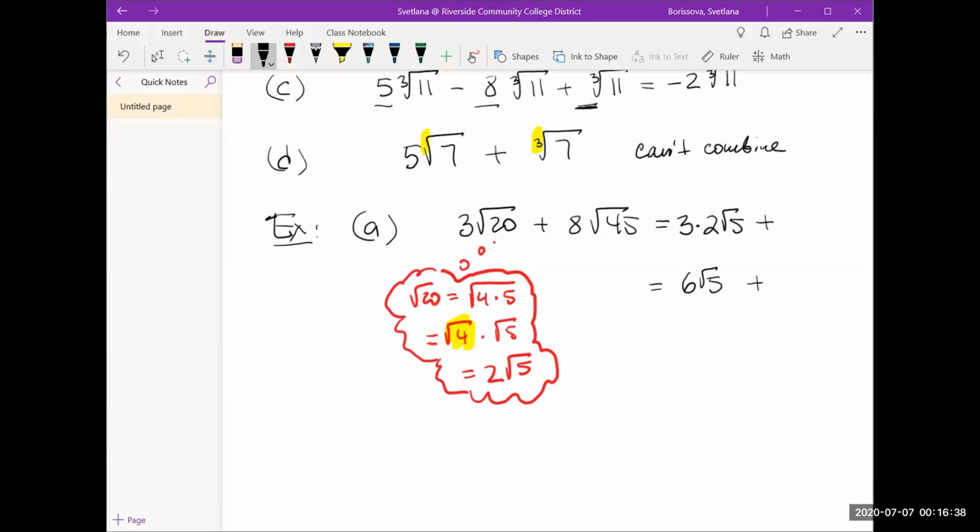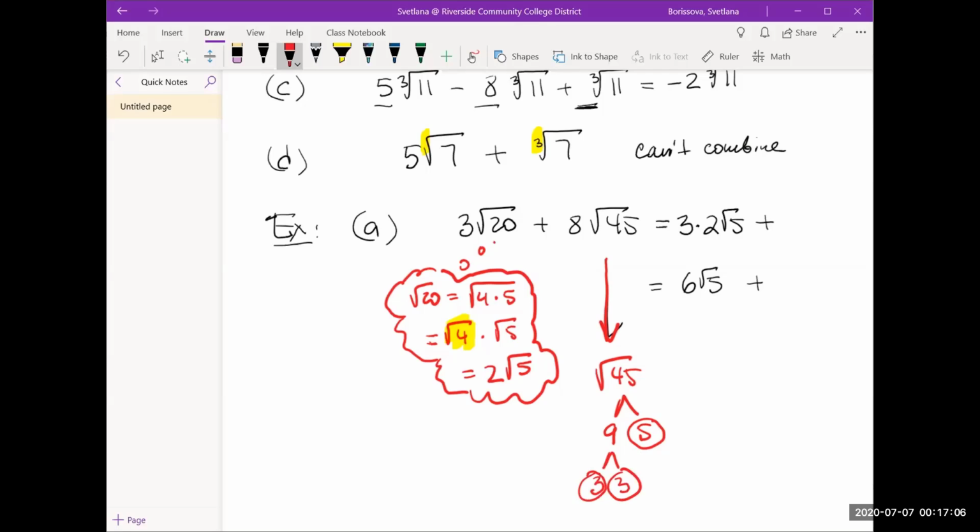And now let's talk about how to simplify square root of 45, but I'm going to simplify it using another method, just to refresh. So to simplify square root of 45, I can start splitting 45 into prime factors. So 45 is the same as 9 times 5. 5 is prime, and 9 is 3 times 3. Both are primes.